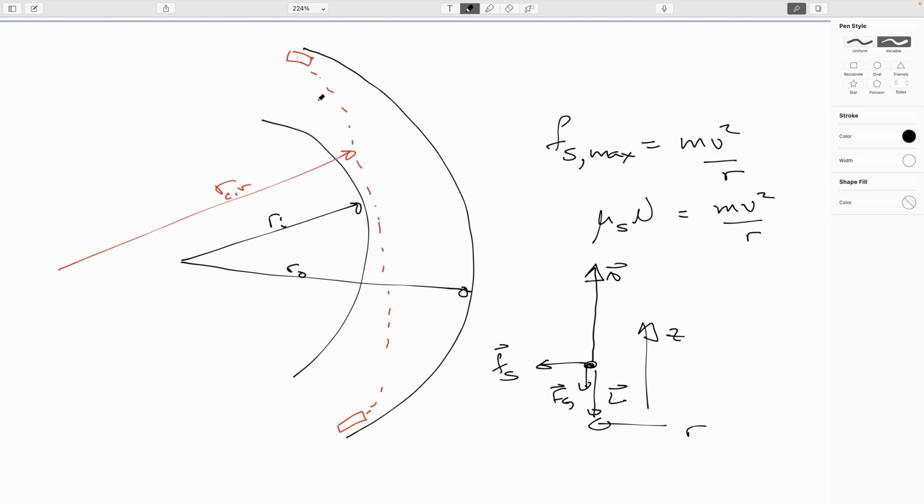It'll also turn out that this downforce generated also depends on the speed of the car. So by doing this, you can actually generate a little more downforce and get a beneficial feedback there.